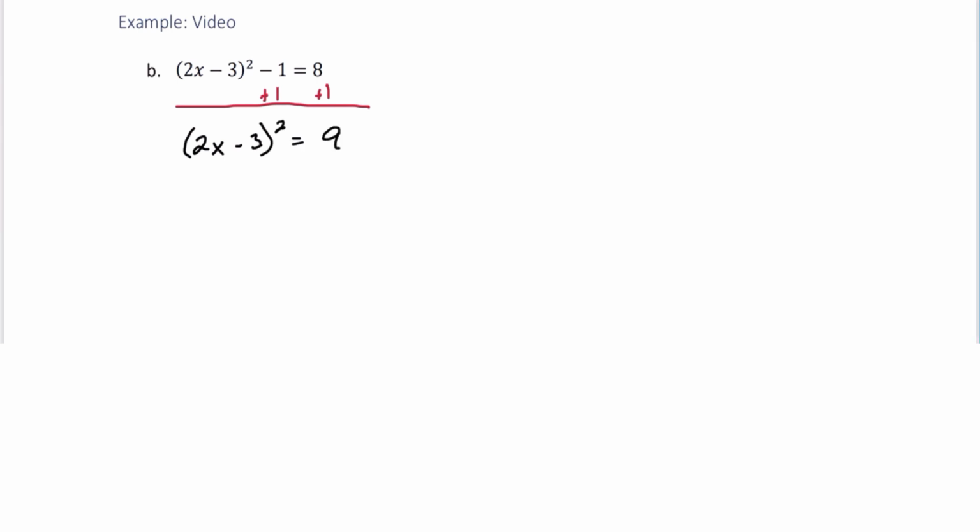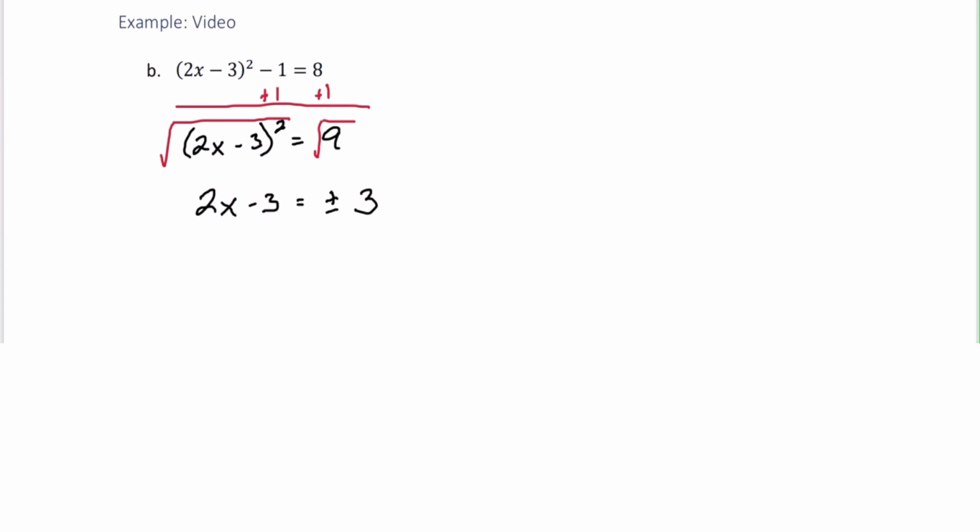Now that we have isolated that squared quantity, we can take the square root of both sides. The square root and the square will cancel each other, leaving us with 2x minus 3 equals square root of 9, which is 3. Just make sure that you add plus or minus to that constant when we take the square root of both sides.